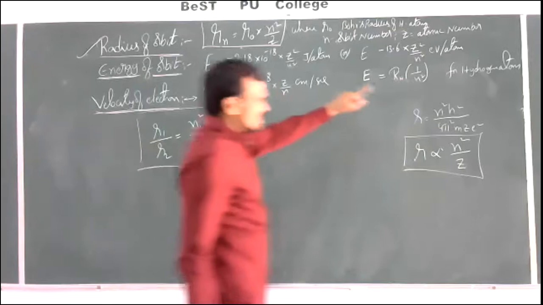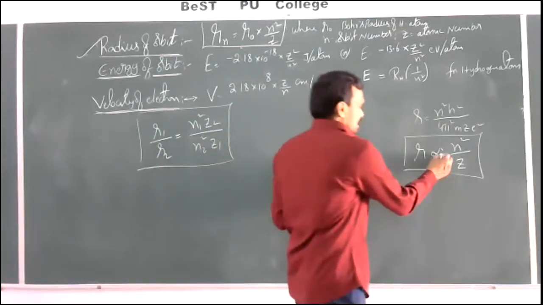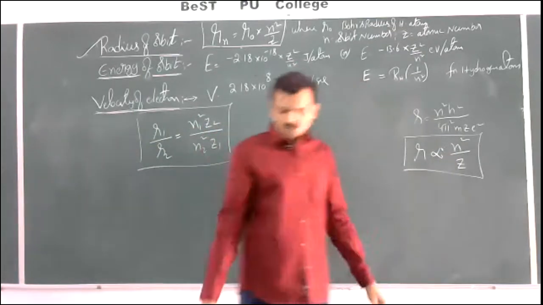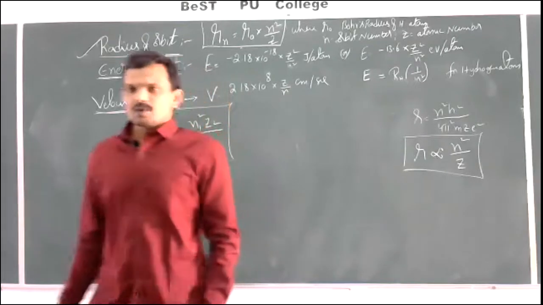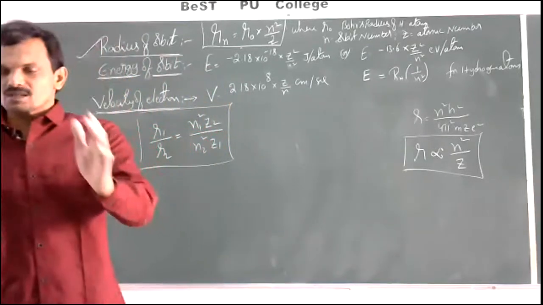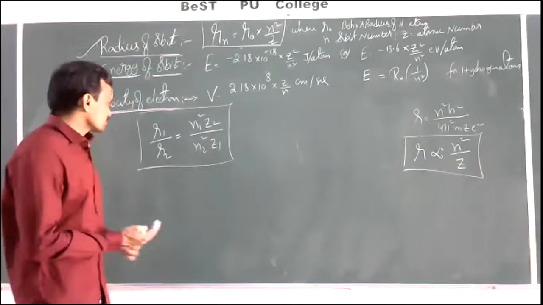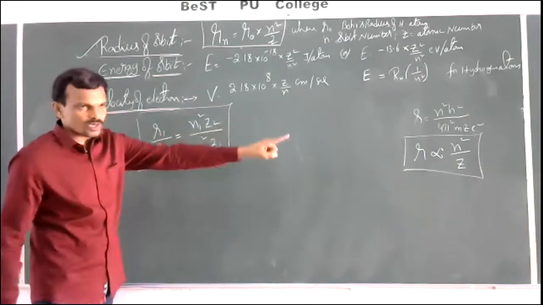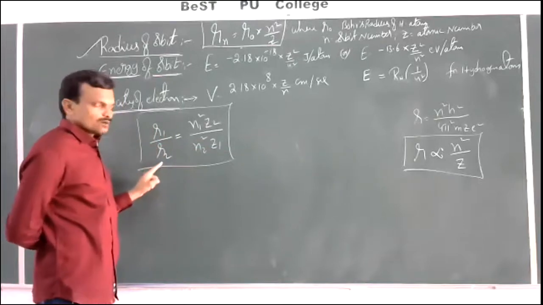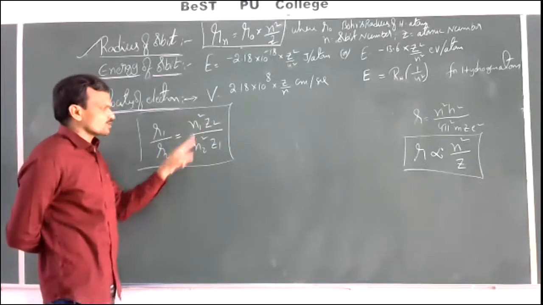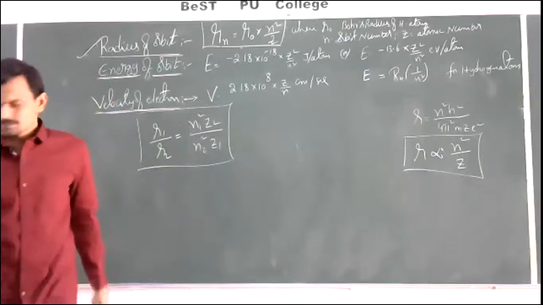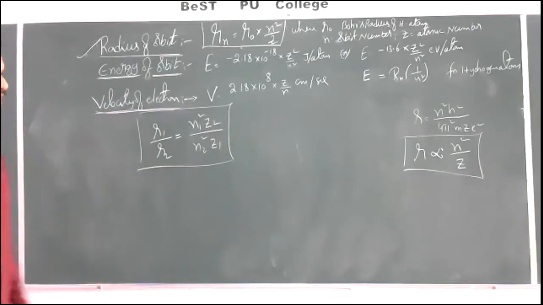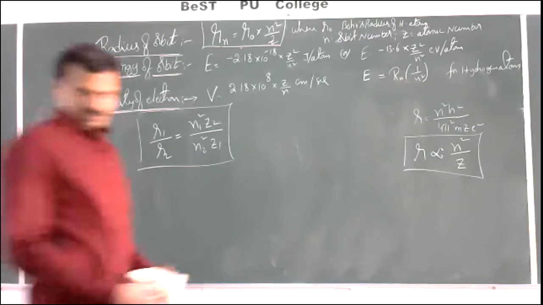As per this expression, radius is directly proportional to N square by Z. So this is the formula used to compare the radius of two different orbits of two different atoms.